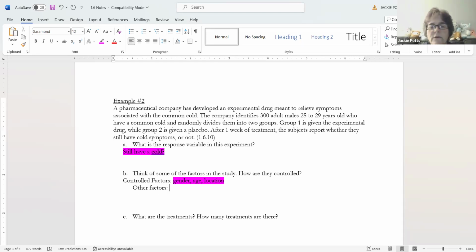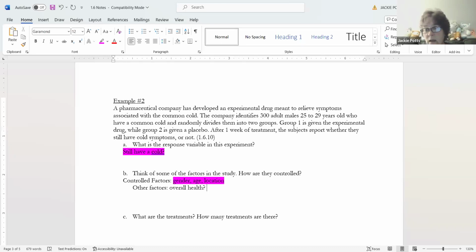What are some other factors you think they took into account or should have taken into account? Think about this. How about overall health? What do I mean by that? Someone who's 25 to 29, let's say they have type 1 diabetes.